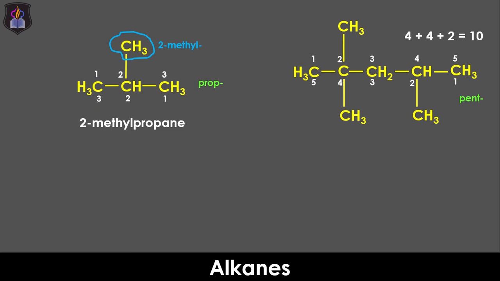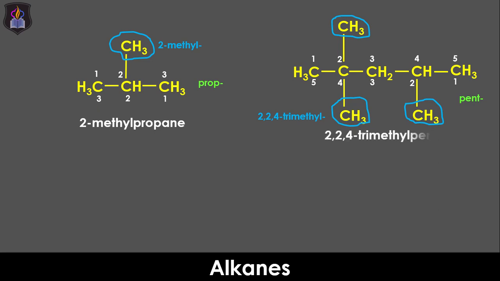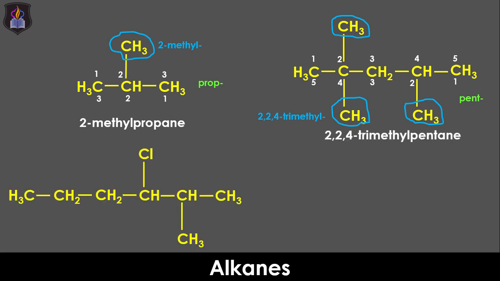Since the 3 substituents are all methyl groups attached to carbon 2 and carbon 4, the prefix of the compound is 2,2,4-trimethyl. So the name of the compound is 2,2,4-trimethylpentane.